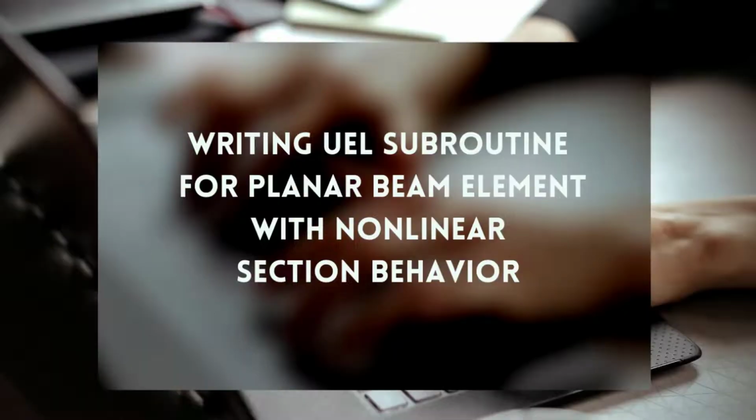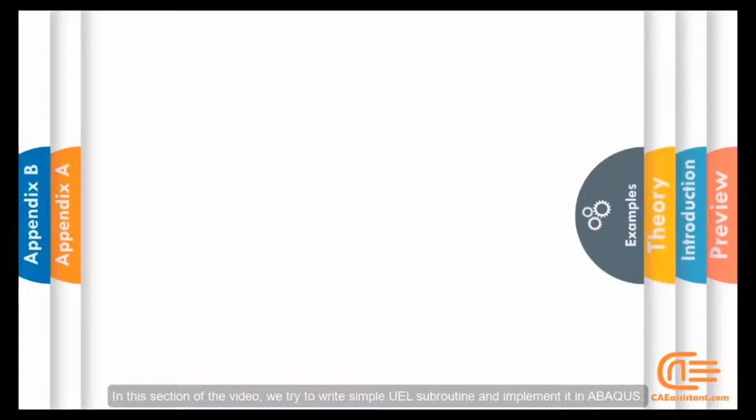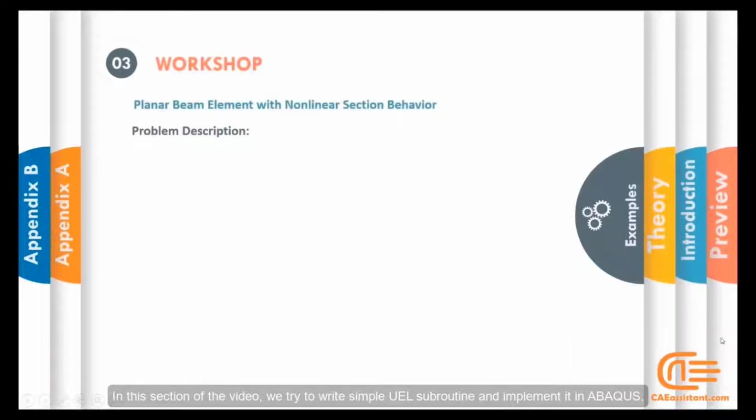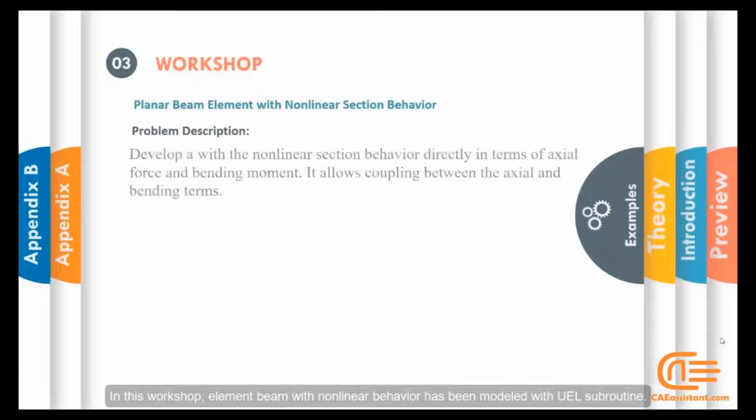Now let's see how to use this subroutine in a very simple example. First, let's explain the problem. In this section of the video, we try to write a simple UEL subroutine and implement it in Abaqus. In this workshop, a beam element with nonlinear behavior has been modeled with a UEL subroutine.